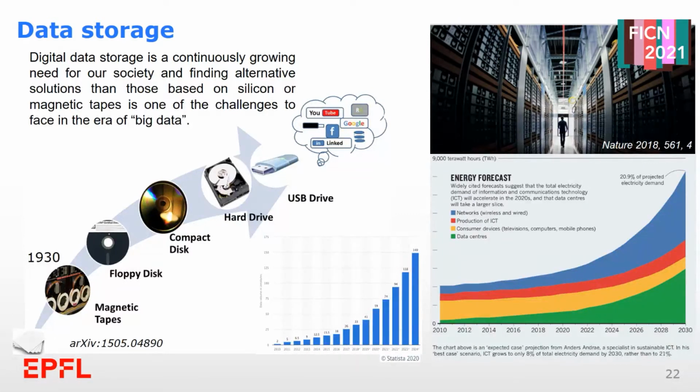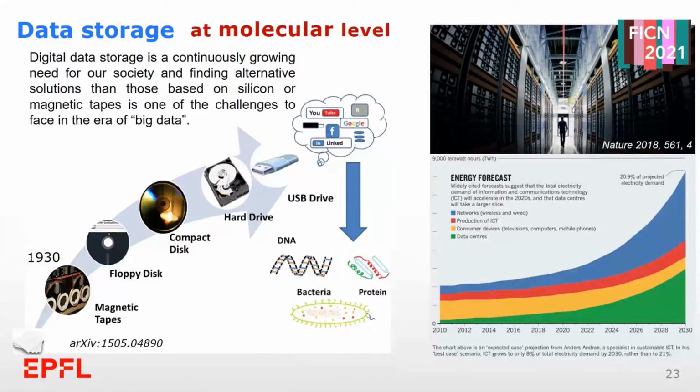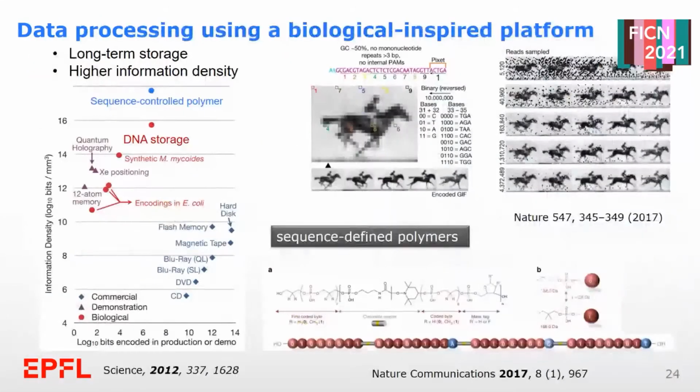Therefore, people are thinking of using other approaches to store information, and one of them is to use the molecular level, using DNA or, for example, proteins. This has already been nicely demonstrated by the Church Lab, where they showed that they can store almost an entire movie in DNA, express it in bacteria, and later read it using sequencing platforms, including biological pores.